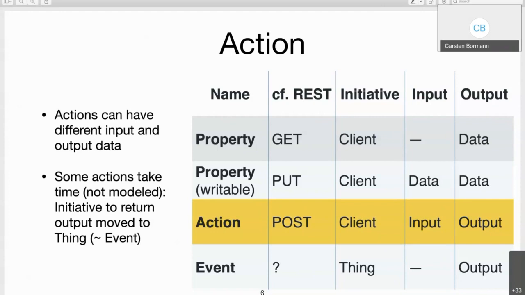So here we do distinguish properties, which are just data that can be set atomically, and actions which do something, create an output that is the result of an operation, and actually may take some time to do. So an action may have a client initiative to initiate it, but then it may only result in data later. So it's a little bit different from a property which always happens instantly. So this is the only pattern we have where we have two different data models that go into it.